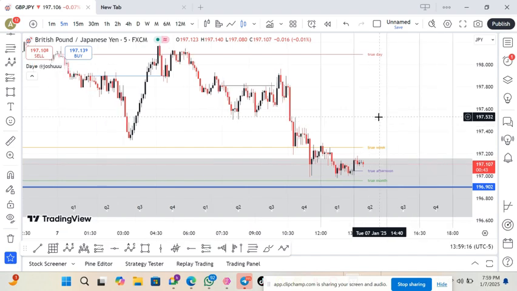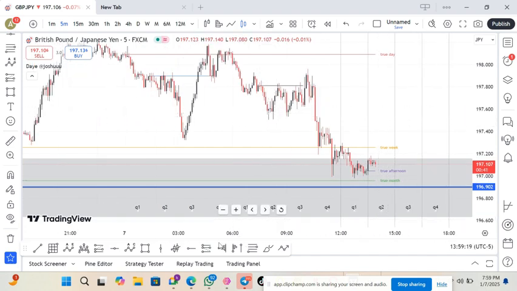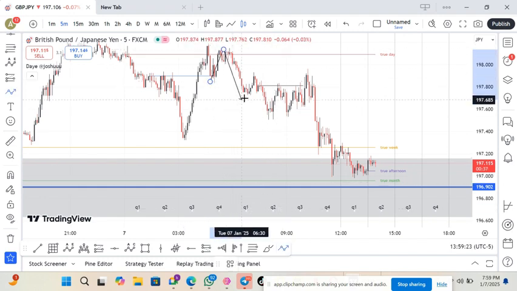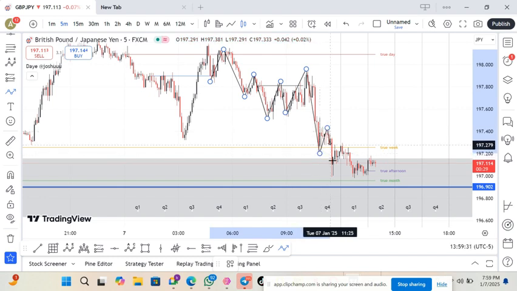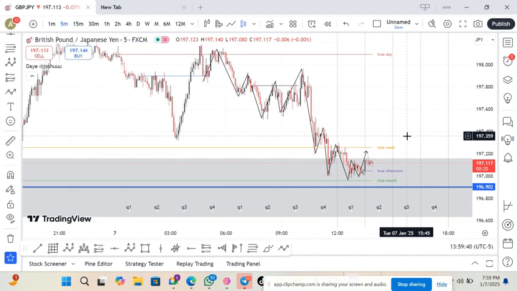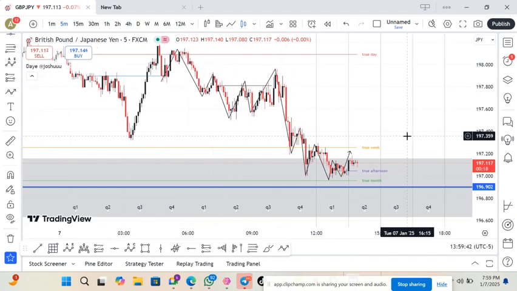I'm going to take my part two, then let's measure those structures that come to the downside that make it bearish. These are structures that made it bearish. You can see how clearly bearish we are.